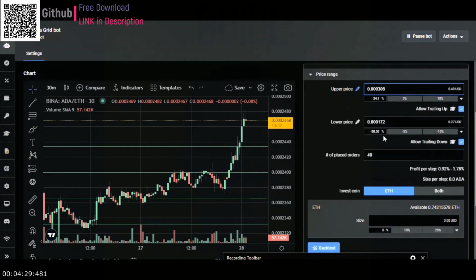Number of placed orders, here we can see the price has changed. Let me change this to 25, right, I need to cover around 25%.